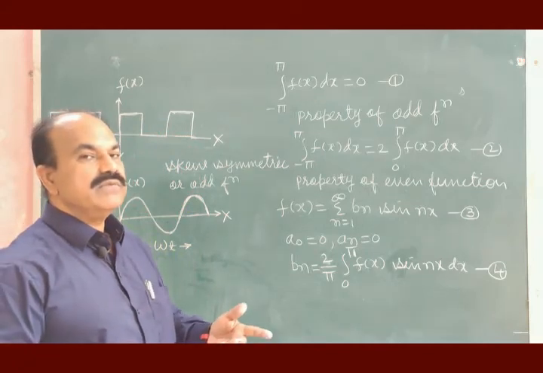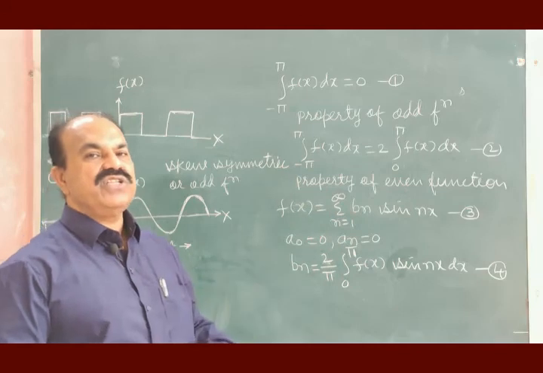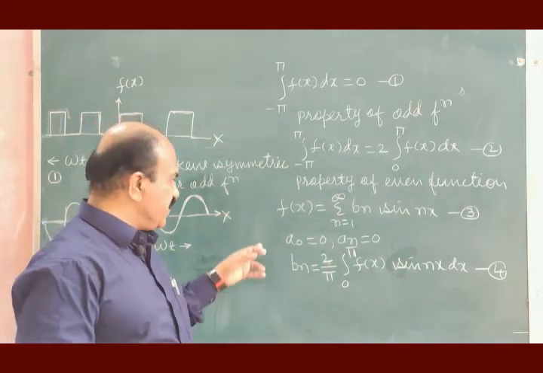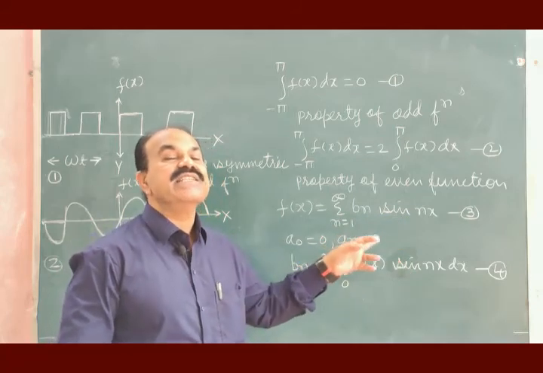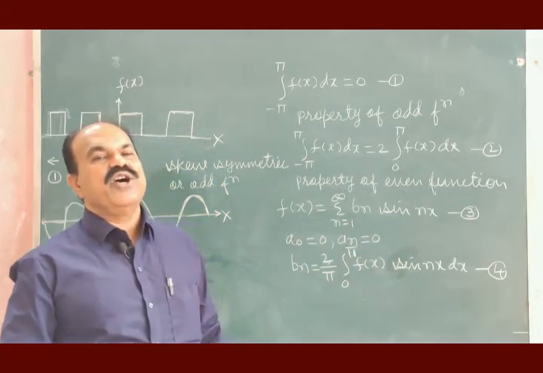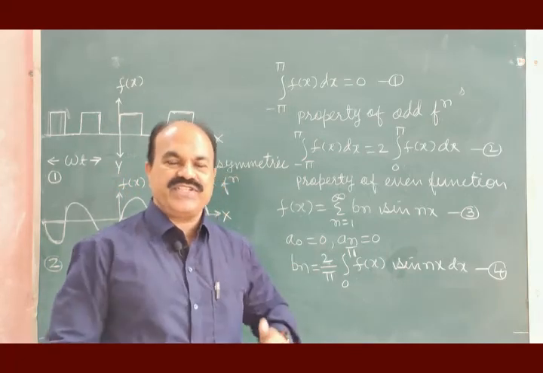So whenever we are asked to represent an odd function in the form of Fourier series, this will be the Fourier series for an odd function, that is, the sine Fourier series. Odd functions are only represented by the sine Fourier series.